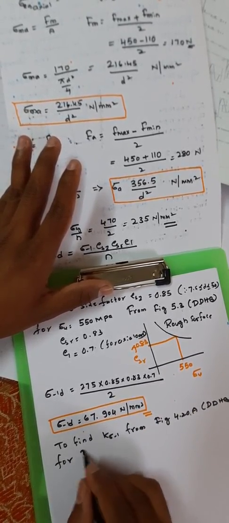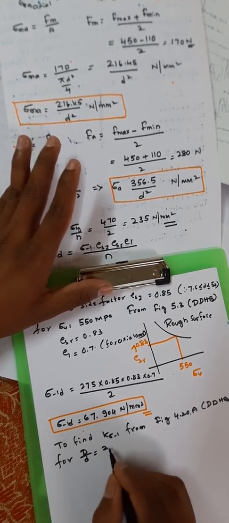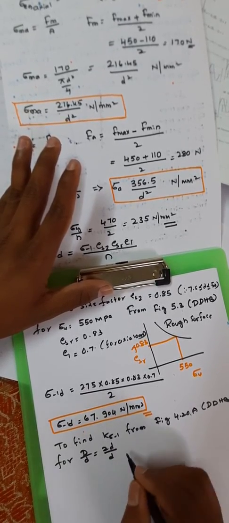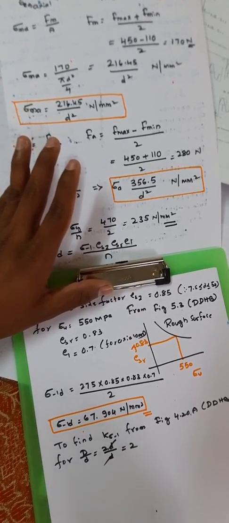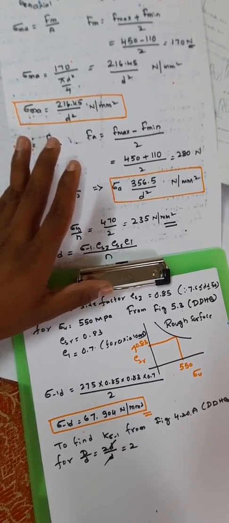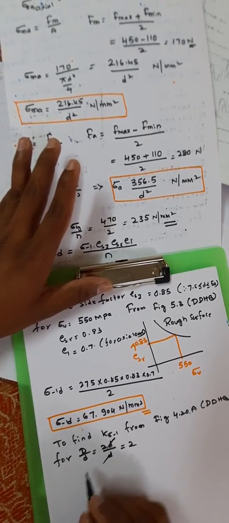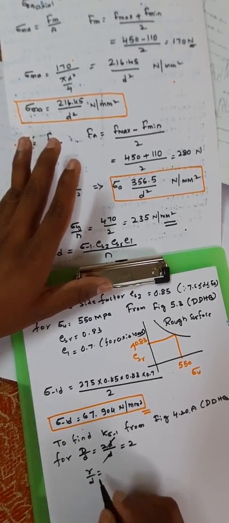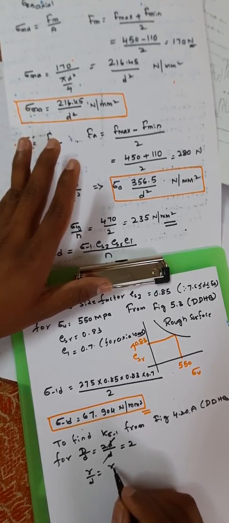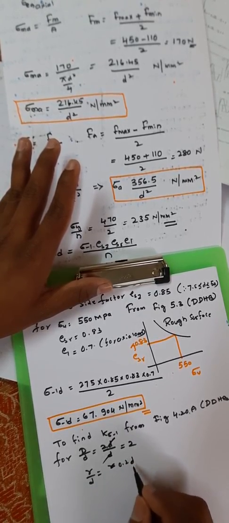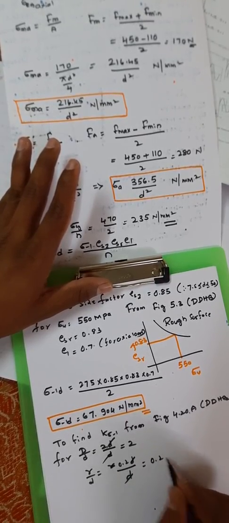For D by d, it is 2d divided by d, the d cancels, so it is 2. In the same way, r by d is equal to 0.2 times d divided by d, the d cancels, and we get 0.2.